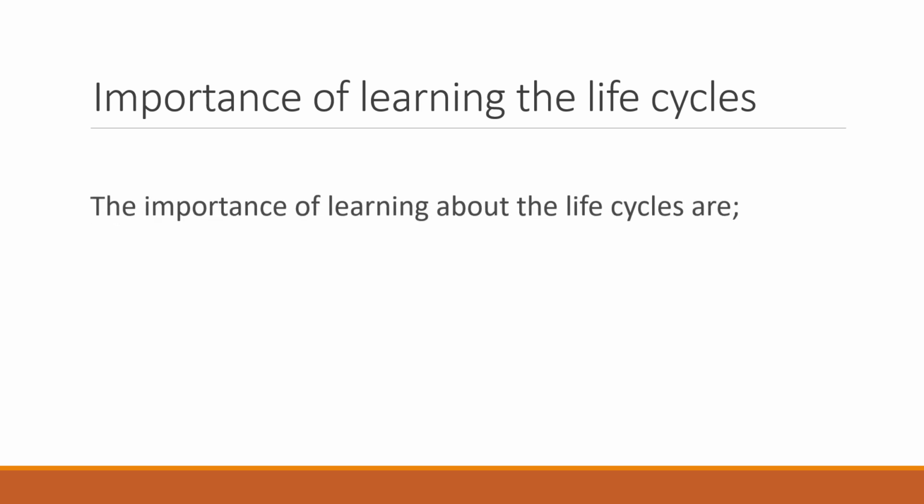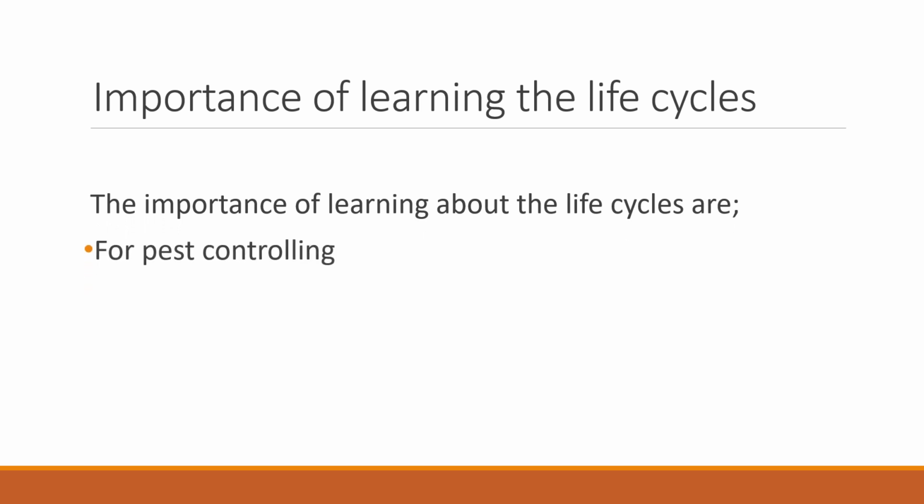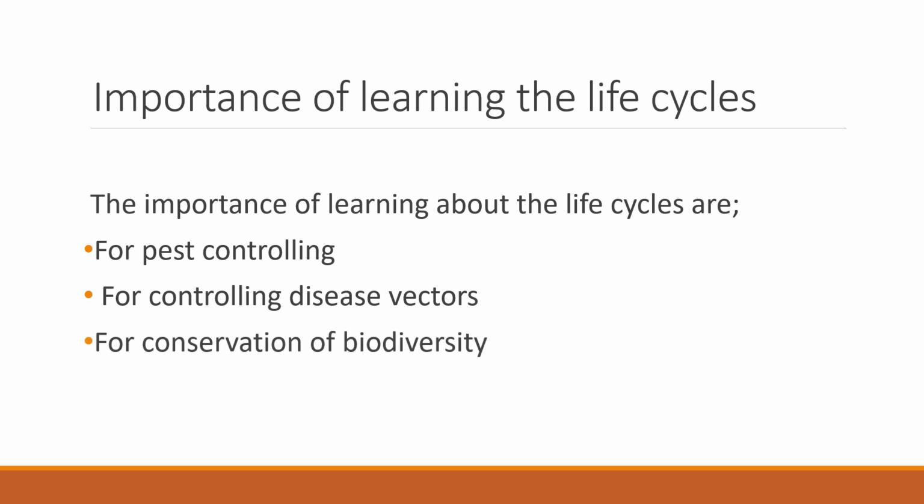If you consider the main importance of studying these life cycles, there are three. The first is pest control, and also to control disease-causing vectors and conserve the biodiversity of our environment. These are the main importance you find in learning this life cycle.